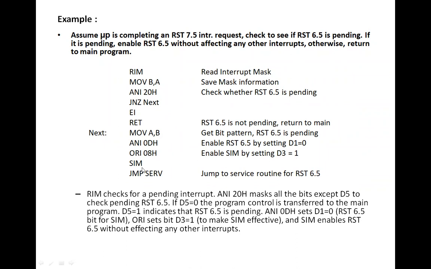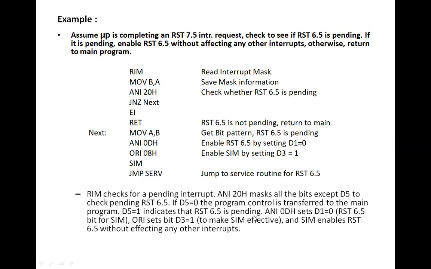Then we set the interrupt mask, and then jump to the service subroutine meant for 6.5. So read interrupt mask checks the pending interrupt. ANI 20 masks all the bits except D5 to check the pendency of 6.5. If D5 is 0, the program control is transferred to the main program.